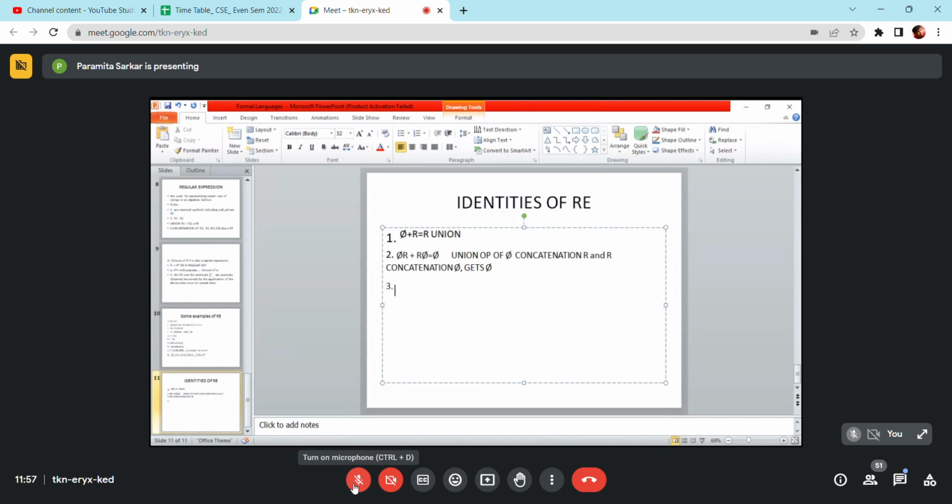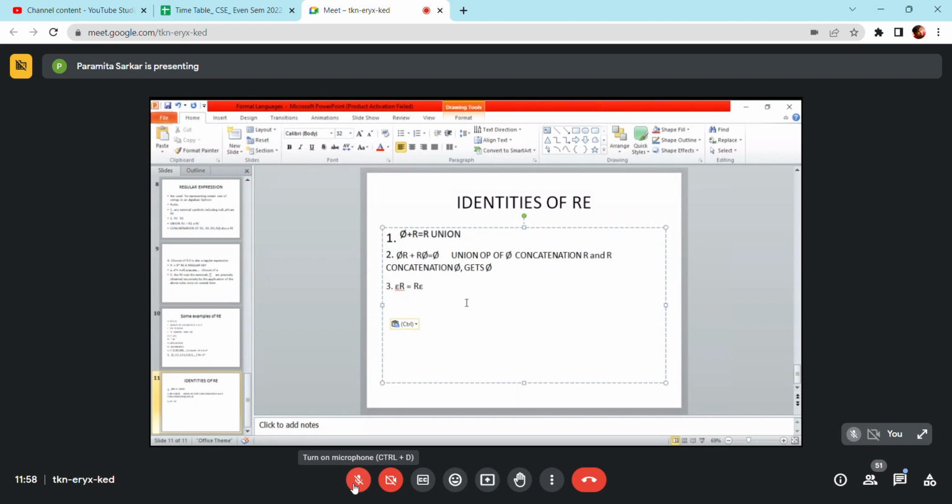So in this case, let me write the concatenation of epsilon and r. It is called epsilon concatenation r. It is nothing but the same as r concatenation epsilon.